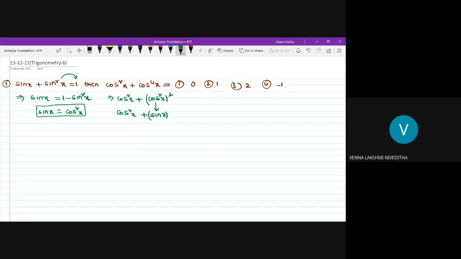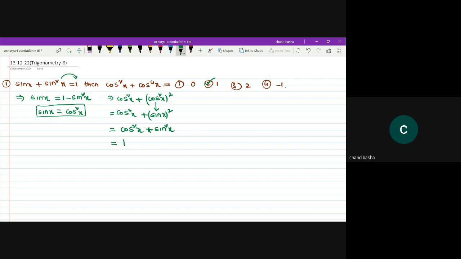Whole square, sin x whole square. So this means cos square x plus sin square x. Whatever the angle may be, cos square plus sin square is 1. So the answer should be 1. A simple problem, guys, for this question.